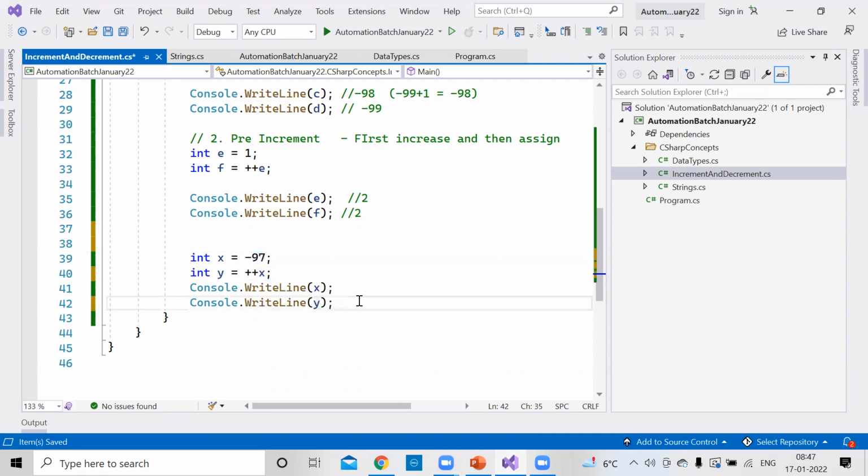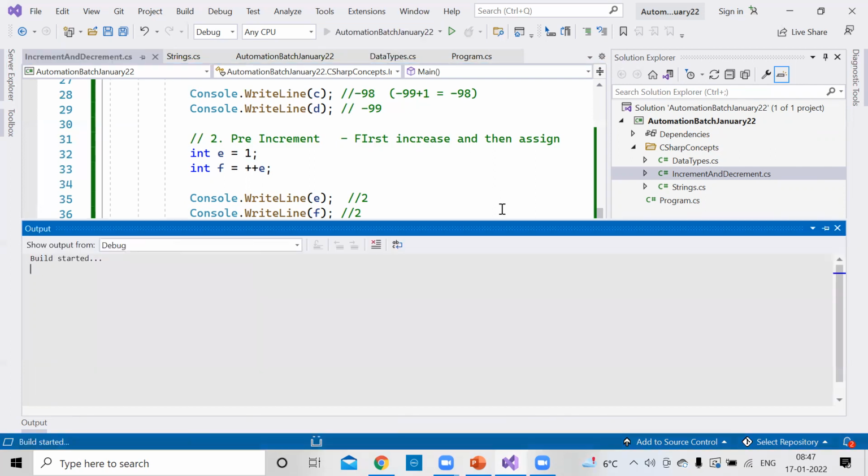So y would be minus 96. And x, what would be the current value of x? This would also be minus 96. Got it? Because this has been increased with 1. So minus 97 plus 1, the latest value would be minus 96.